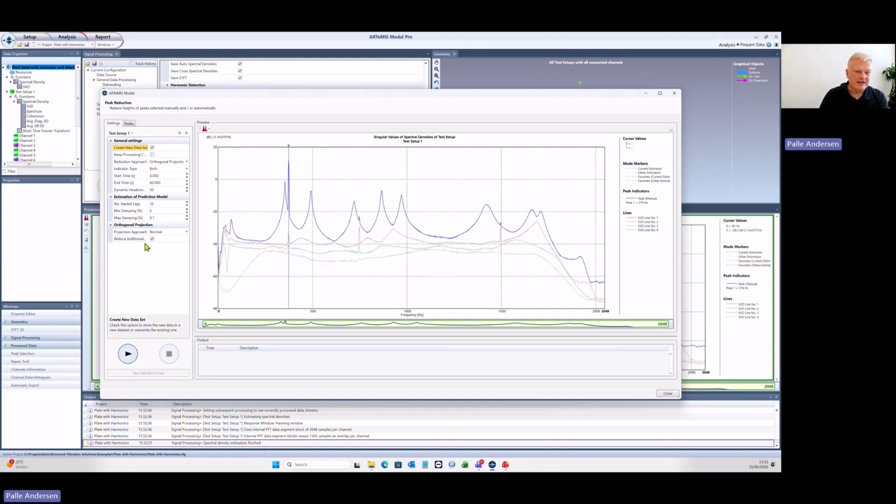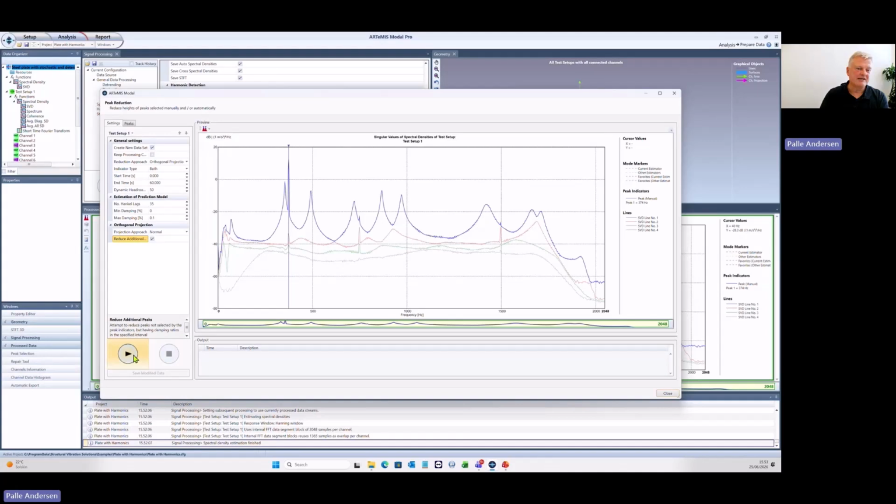I allow additional peaks to be reduced if it can find them. So if the software, from what has been told here, can also find these automatically, it is okay that it also removes those.